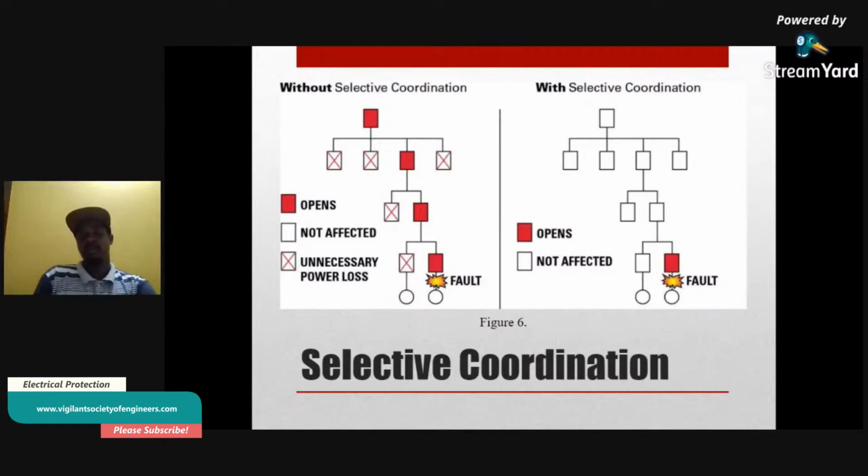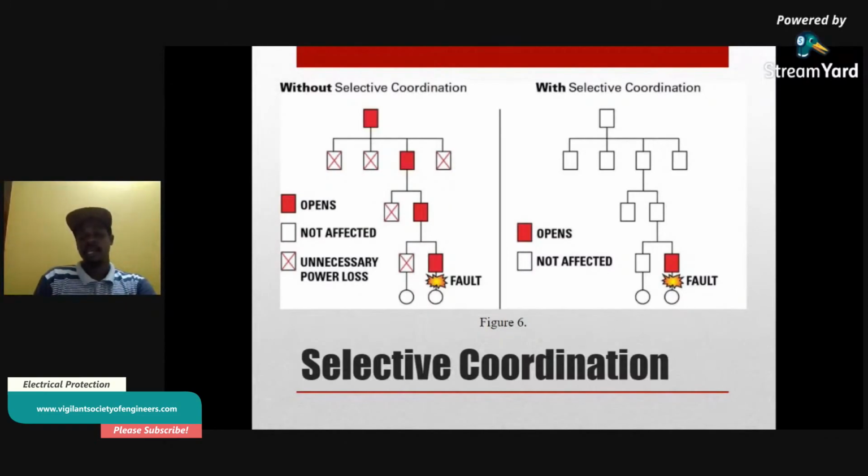All right? So what if we had only one protection for the entire system? Then any fault on, say, the lower branch, it requires a trip on the upper branch. So, for example, if we have a fault downstream, you're going to come right upstream.